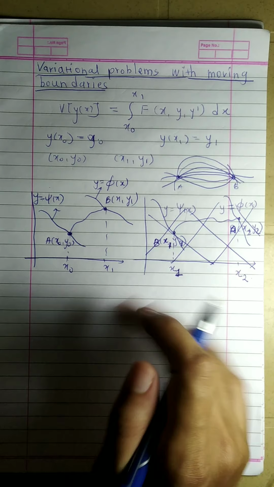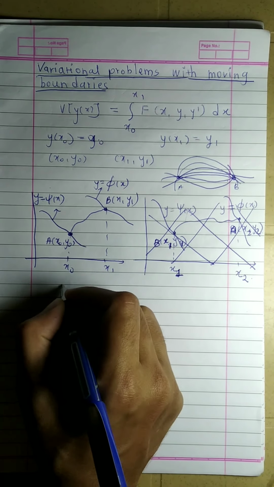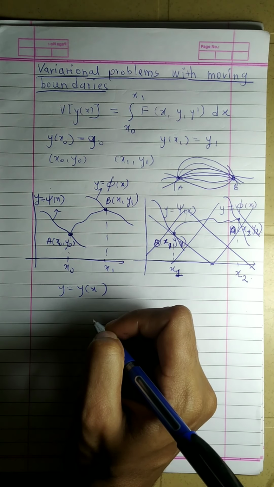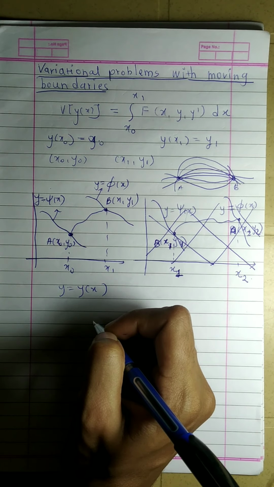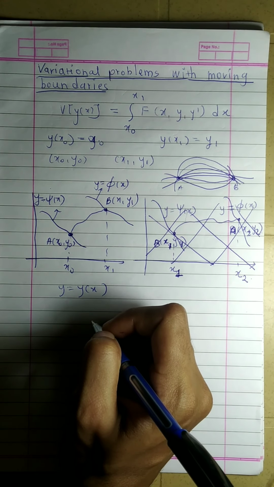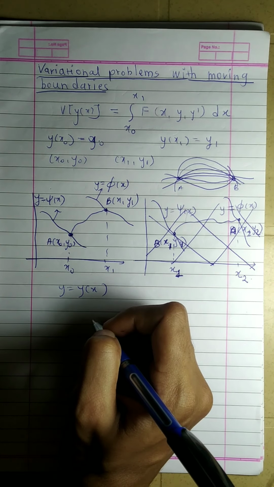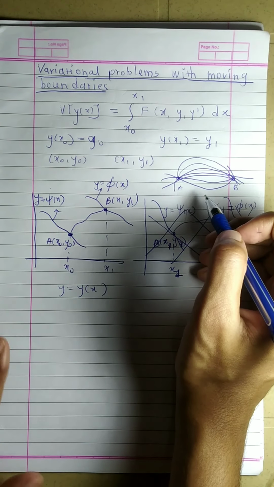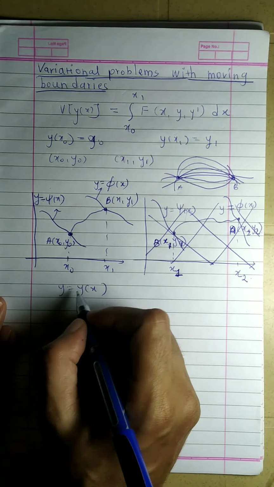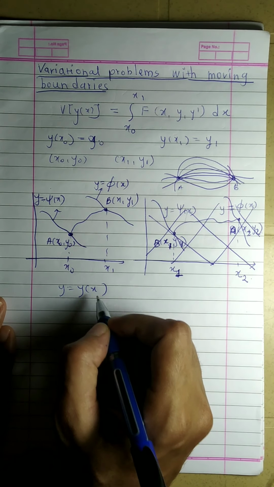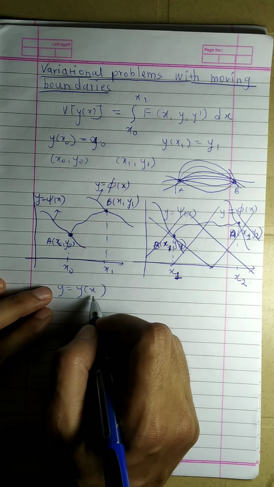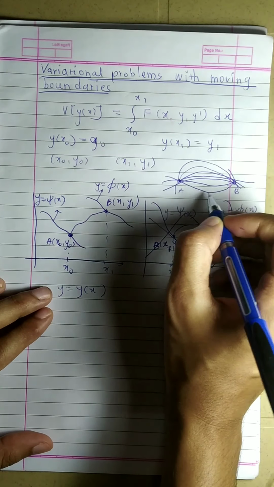Therefore, if on a curve y equal to y of x, an extremum is reached in a problem with moving boundary points, then the extremal is also attained relative to a class of curves having the common boundary points with y equal to y of x. Having the common boundary points with y equal to y of x means what? It is exactly this class.